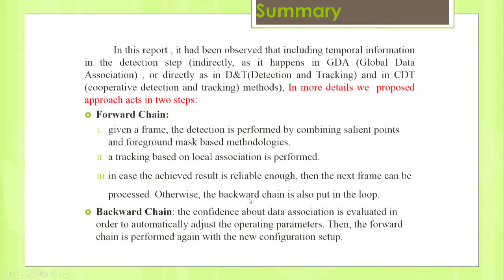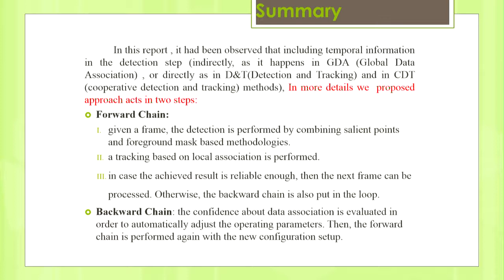Summary. In this report, it has been observed that including temporal information in the detection step indirectly happens in the GDA, Global Data Association, or in the DTA, joint detection and tracking method. In more detail, the proposed approach acts in a two-step way. In the forward chain, given a frame, detection is performed by combining keypoints and foreground mask-based methodologies.